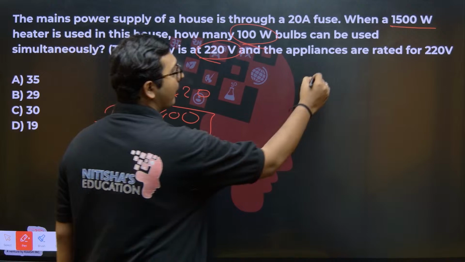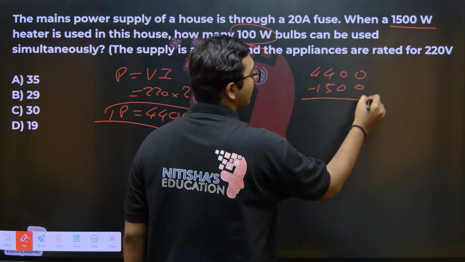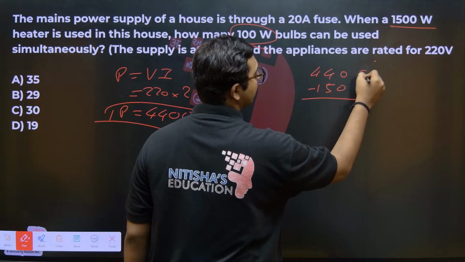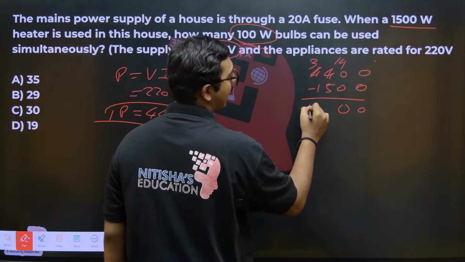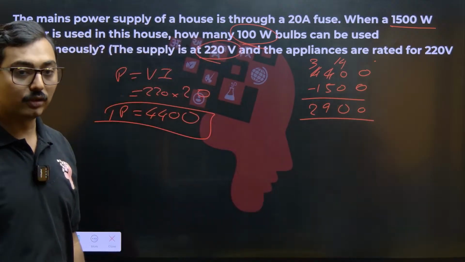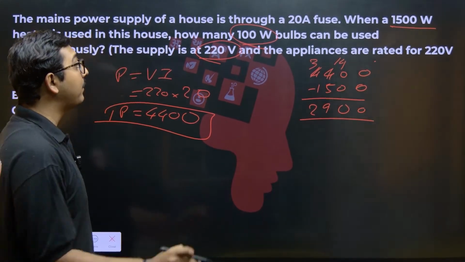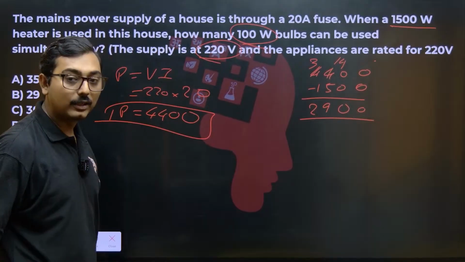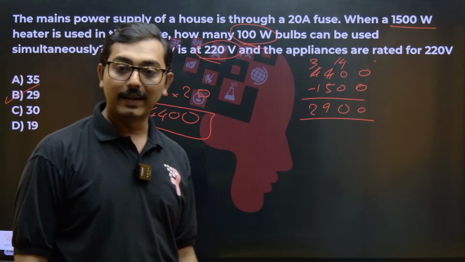So 4400 minus 1500, you will get your answer as 2900. So 2900, what will you multiply with 100 to get 2900? You will get 29 as the answer.